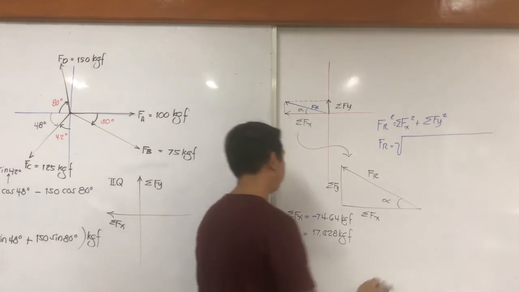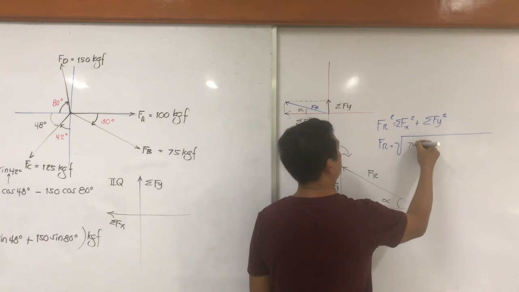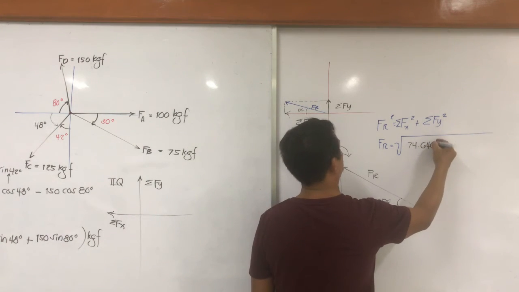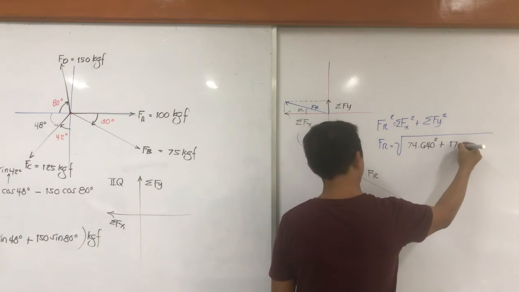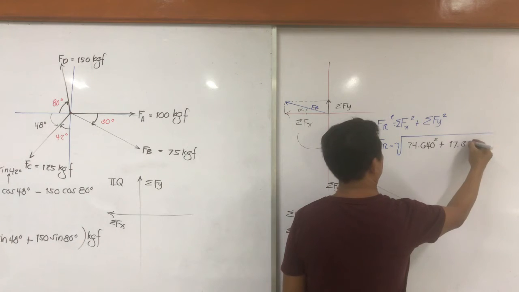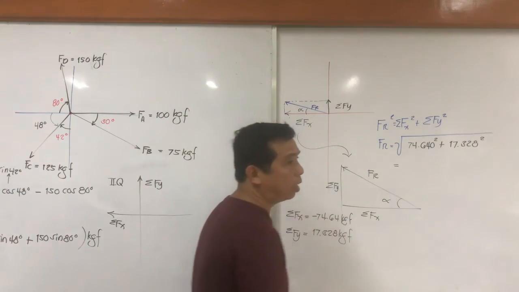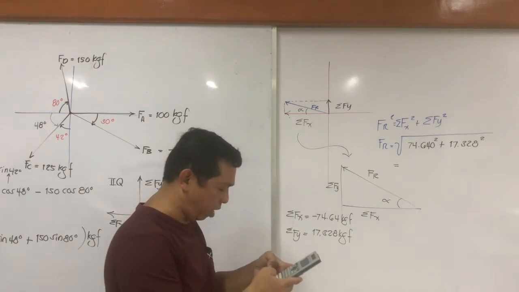So, we have 74.640 squared plus your square of 17.328. Extracting the root of the sum of the squares, makuha natin yung value ng FR.